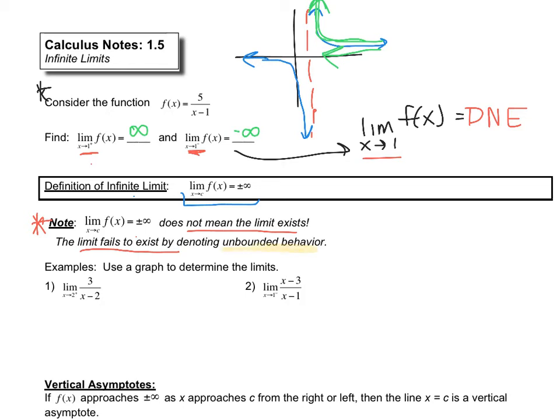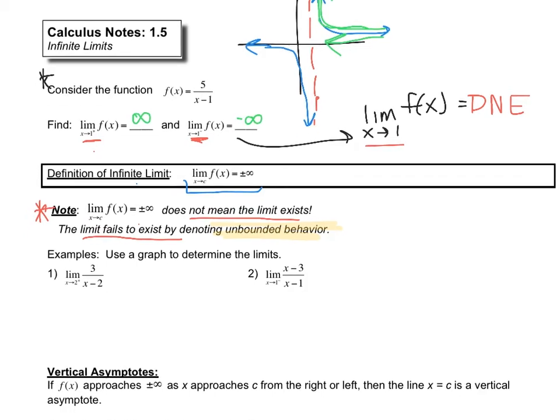So this positive or negative infinity answer just means it doesn't exist because it's unbounded. That's some clarification I wanted to make, because even at the beginning of the year when we were talking about limits, we did write that answers were positive and negative infinity for certain limits, which is fine. But it's important that we now look at that more closely and recognize that it means the limit actually fails to exist because it's unbounded.